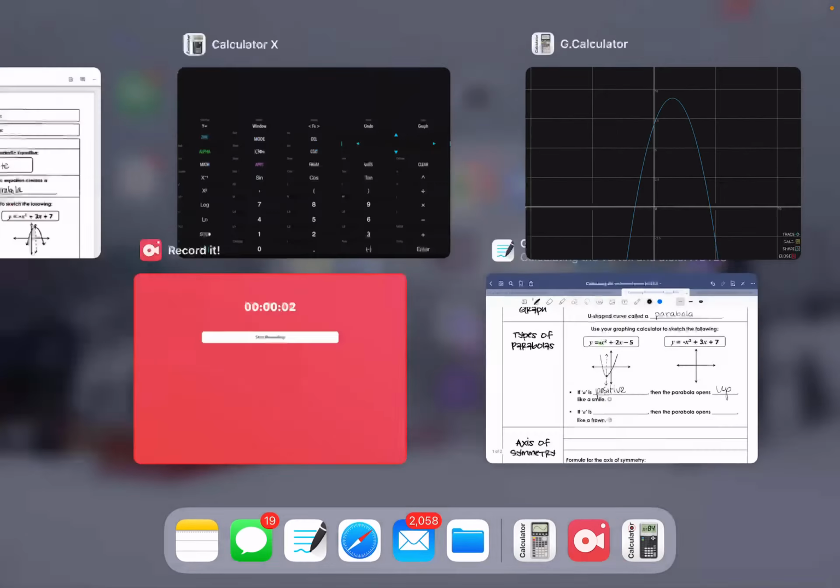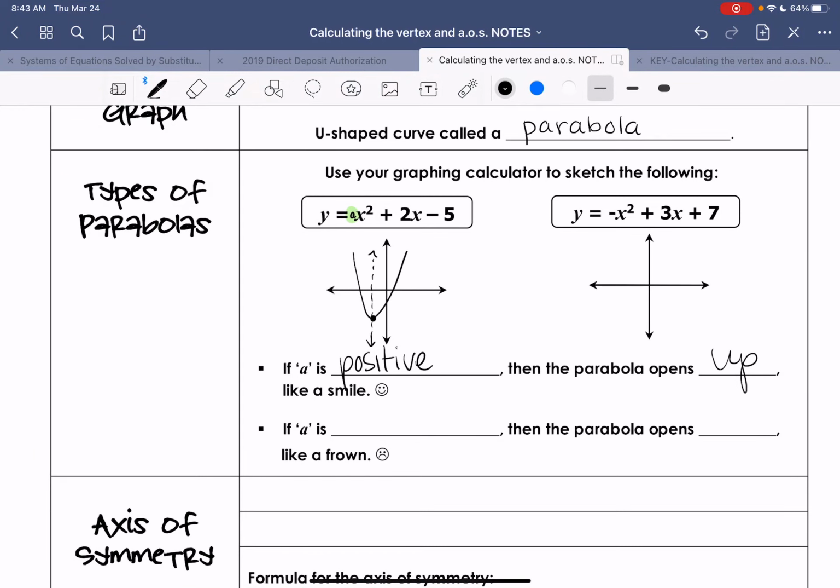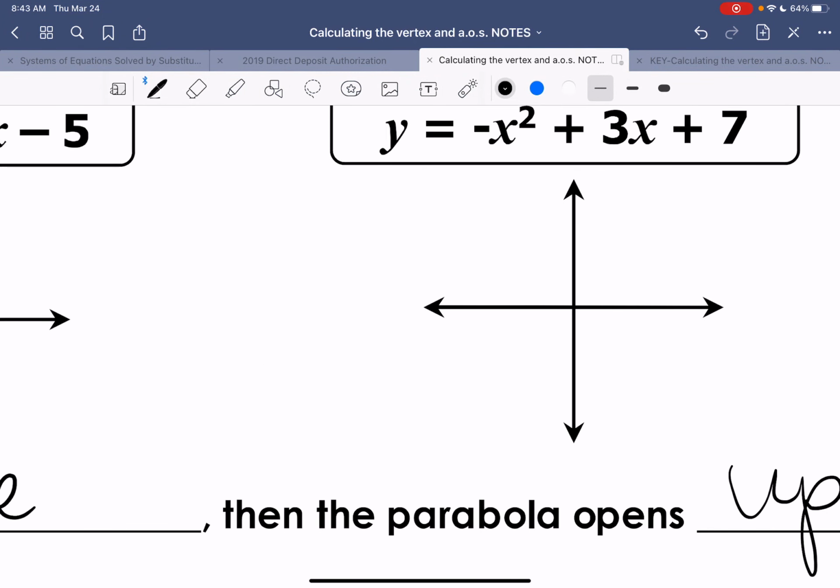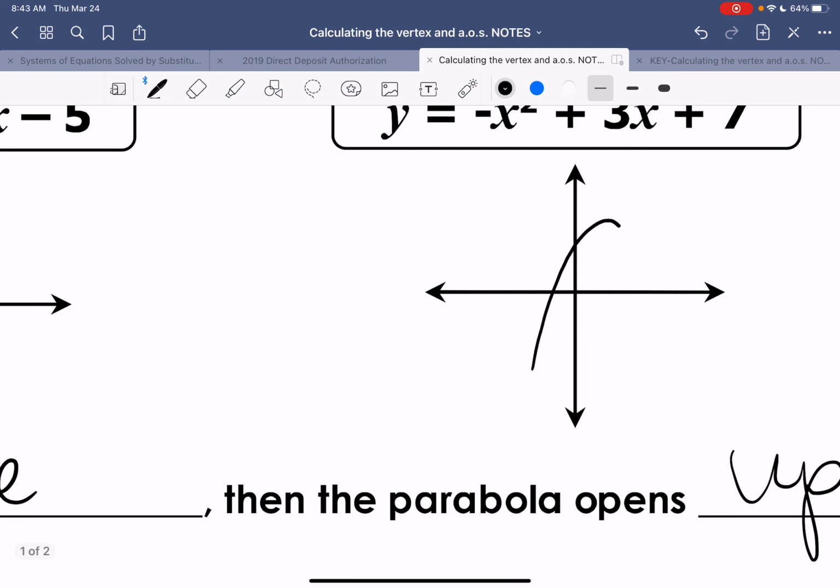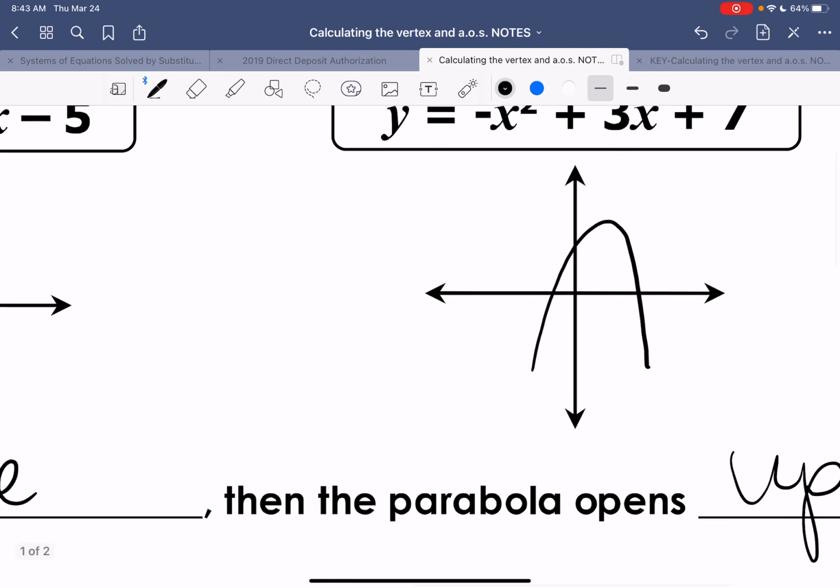So again, all of these things can be looked at briefly on your calculator. So it looks like this one's going to look more like this, with our arrows there, our axis of symmetry, which goes on forever. I should have drawn arrows on the last one.